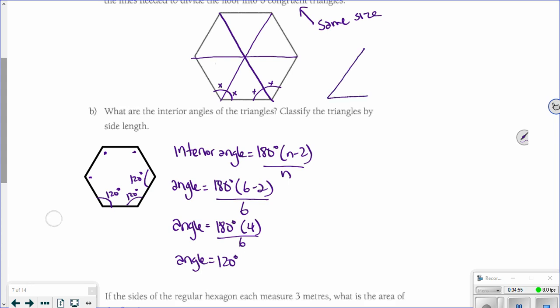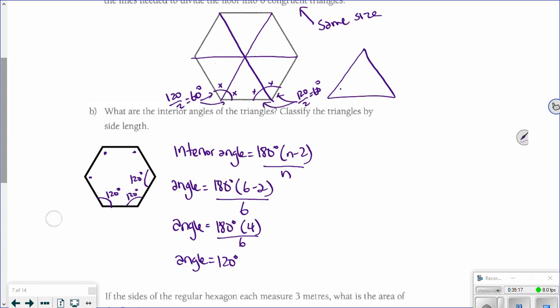So for my triangles, each of these pieces is going to be 120 divided by 2, which is going to be 60 degrees. And over here, each one of these guys is also going to be 120 divided by 2, which is going to be 60 degrees.